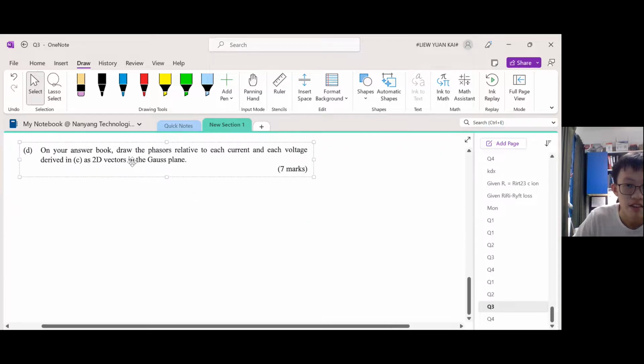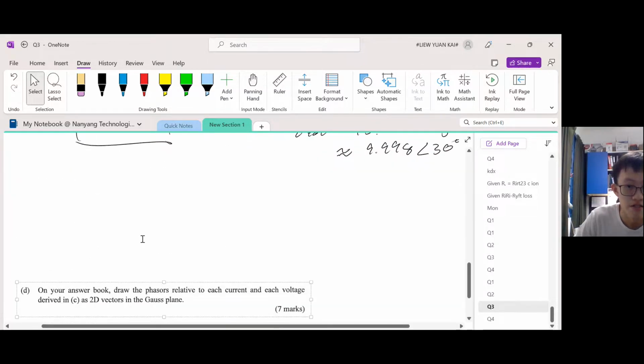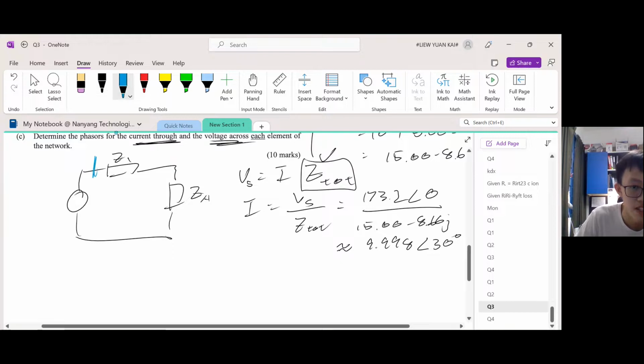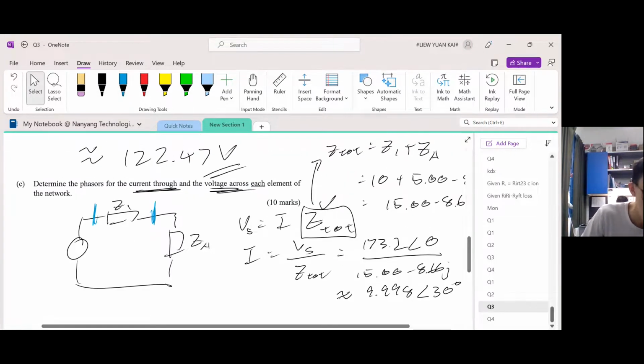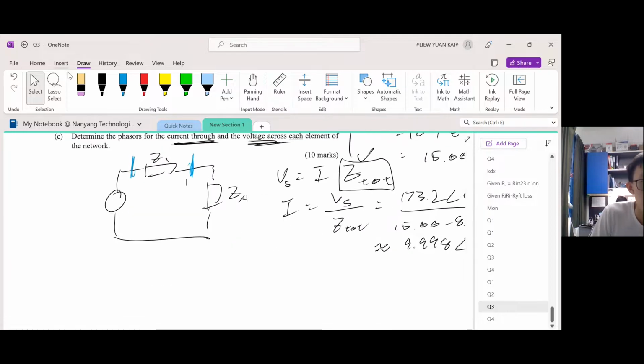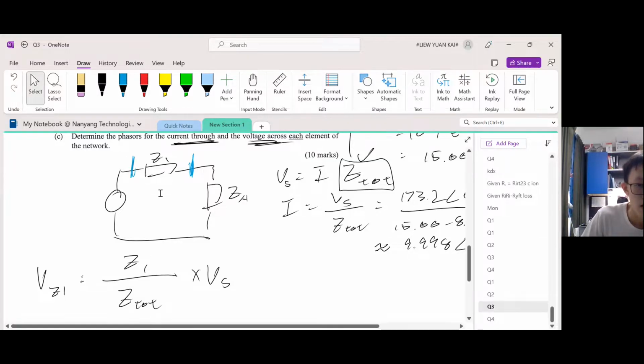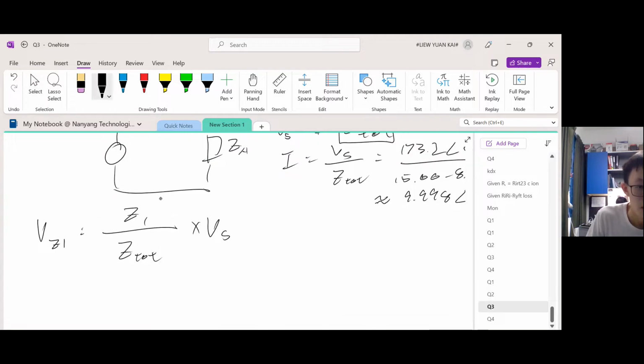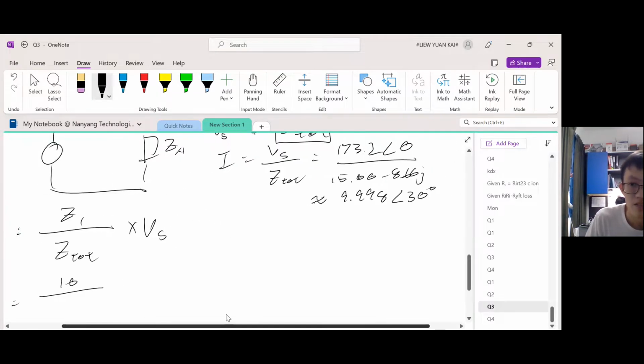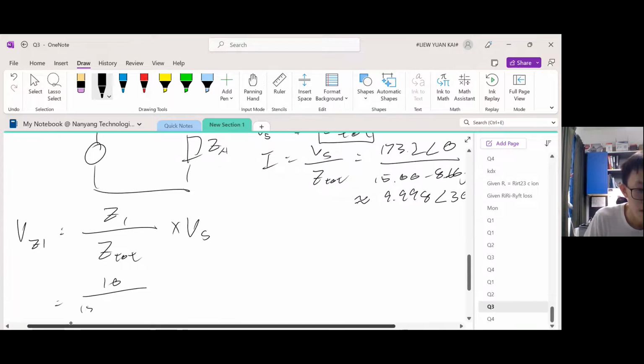Now we want to find the phasor of the voltage across Z1. So let's find the voltage across Z1. To do this, let us use potential divider. If we want to find the voltage across Z1, we need to use potential divider, which states Z1 over Z total multiplied by the source. So Z1 is 10, Z total is 15.00 minus 8.66 j, multiplied by VS, which is 173.2 at an angle of 0.